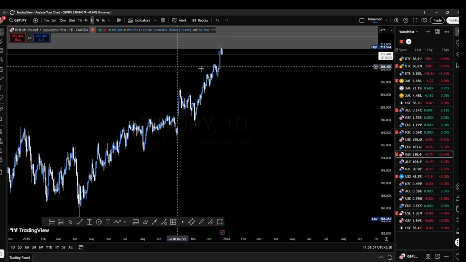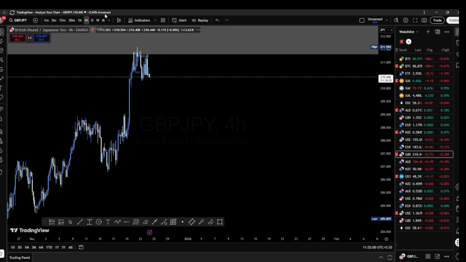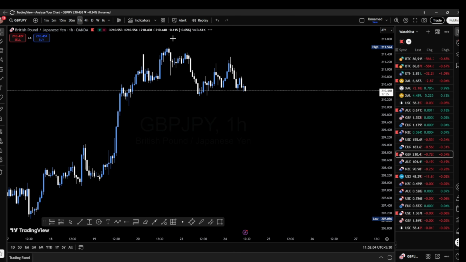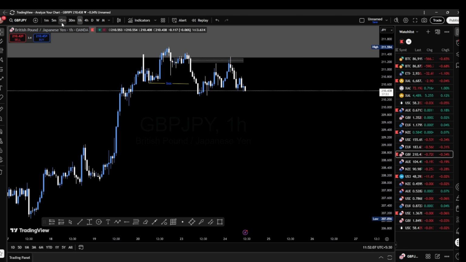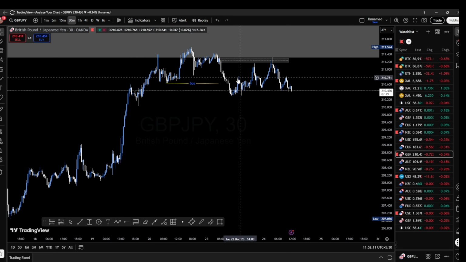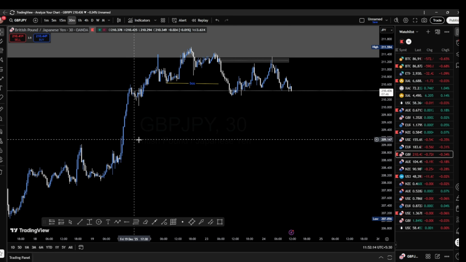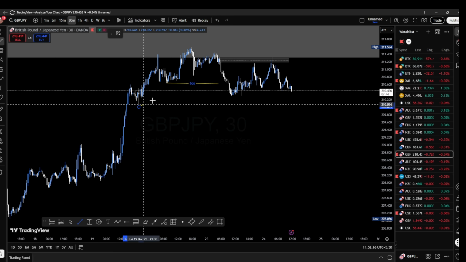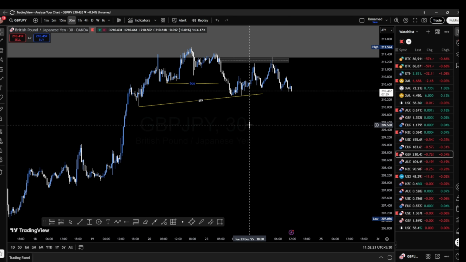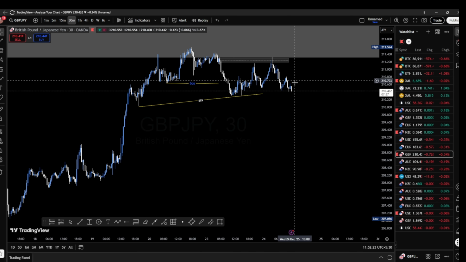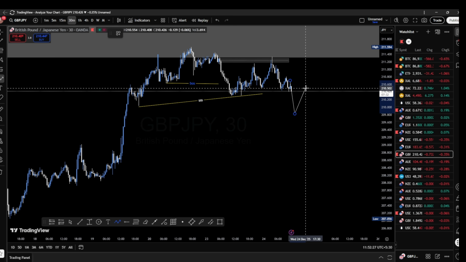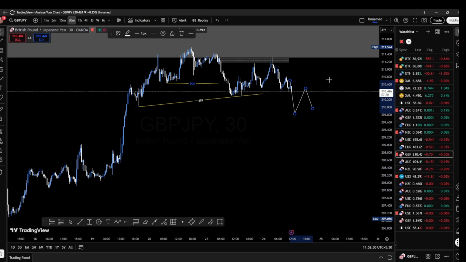In the daily time frame we can see the market is going down, and in the 4-hour time frame we can see the breakups are sitting downside and the market is going for a demand zone. So you have to wait for liquidity sweep, breakup session, then go upside.